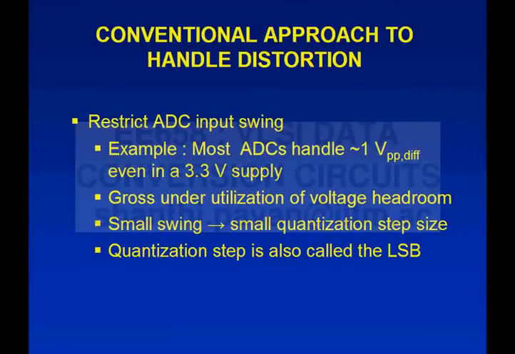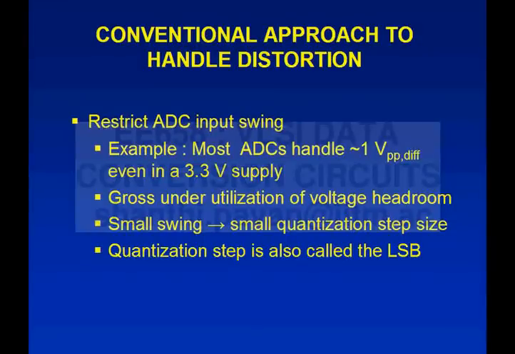You just have to put blinders and look at only a small part of the curve, and even a spiral staircase will look like a straight line if you restrict your attention to a small section. Which is equivalent to saying that if you make the input swing of the converter sufficiently small, then any track and hold can be made to look linear.